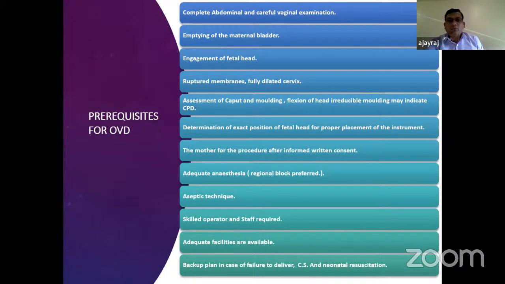Adequate facilities should be available. If blood or anesthetics or all these things are required, then that should be kept in hand. Backup plan in case of failure to deliver.